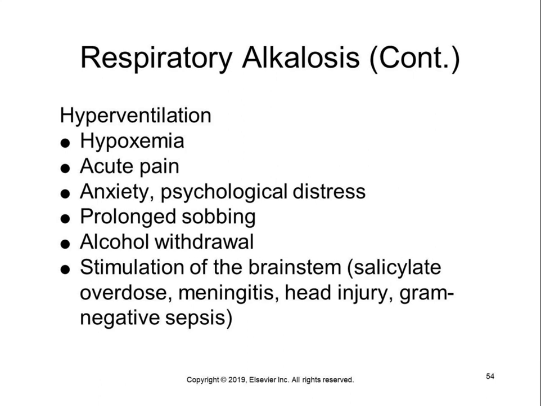That's why acute pain produces respiratory alkalosis. That's why when you have a patient in pain, you have to give painkillers, because if you don't, they are going to develop respiratory alkalosis, and that's another complication.